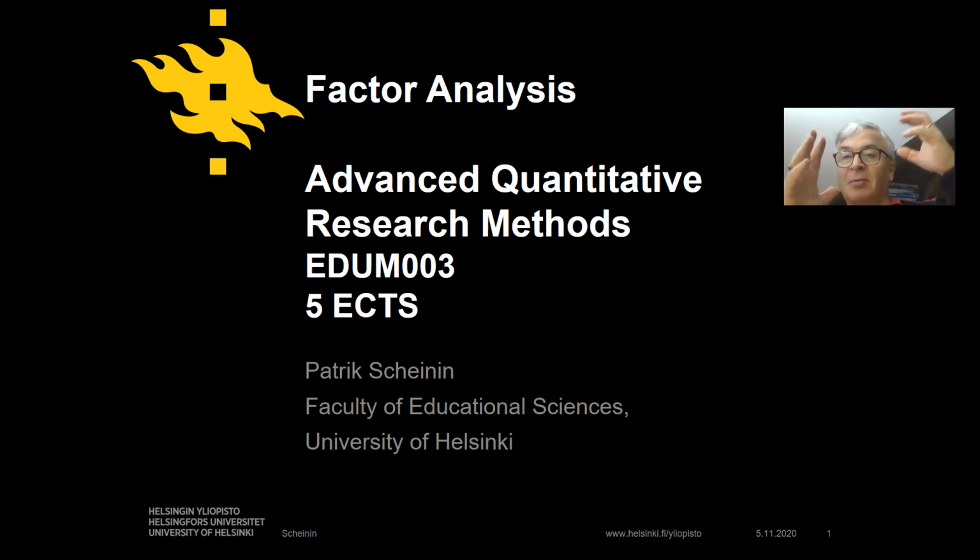So we have something that we can't grasp, an abstract idea that we are interested in, and then we have questionnaires or tests on abilities or whatever, with which we measure this hidden thing, and then we can use an item analysis to see if all the items work nicely together to measure this thing.